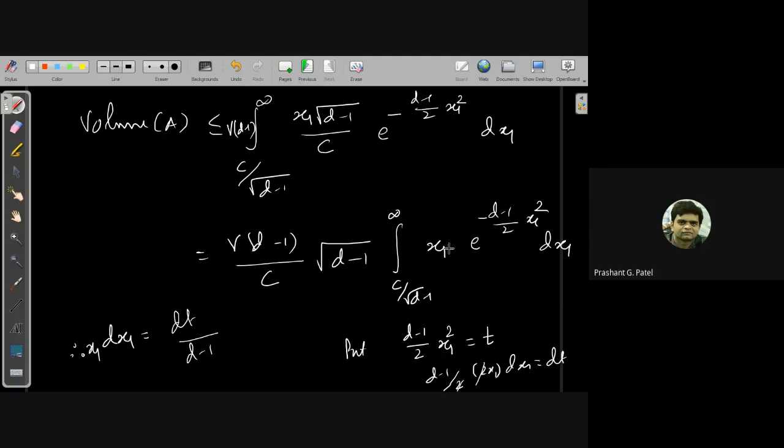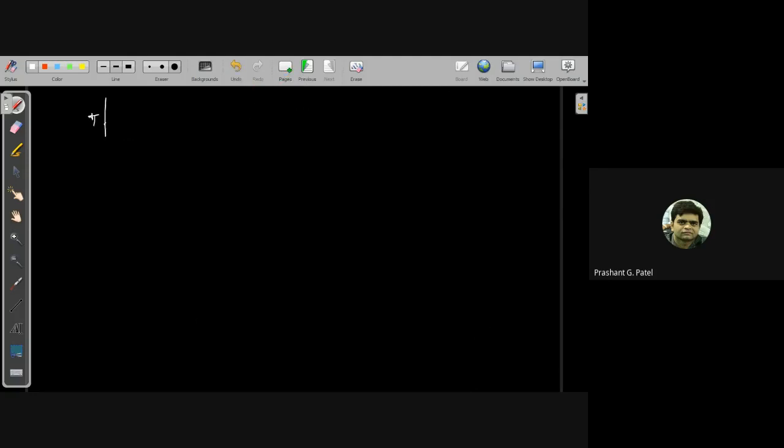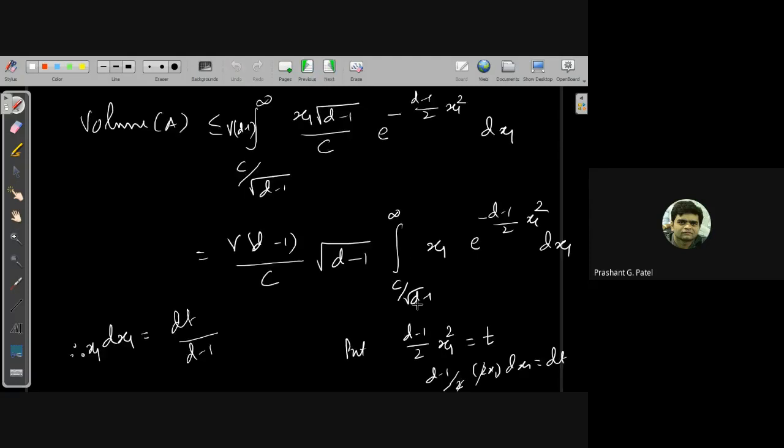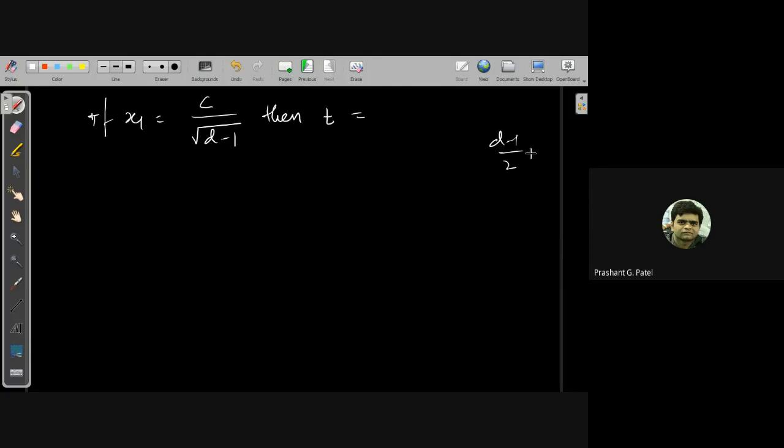Okay, and we'll substitute that value here. And if you want, you can change the limits also. That means if x1 is equal to c by square root of d minus 1, then t will be, substituting here, we have (d minus 1) by 2 x1 square is equal to t.